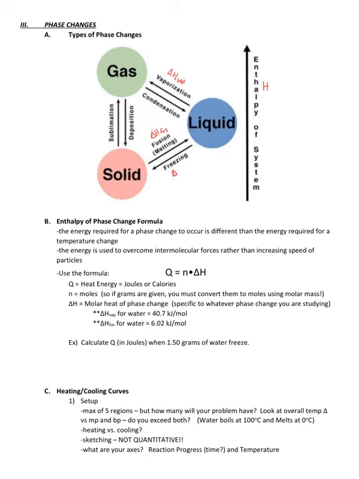So if you know that, for example, the delta H of fusion is 5 kilojoules per mole for a substance, then the delta H of freezing should be negative 5 kilojoules per mole. So we know that the delta H of freezing is the negative of the delta H of fusion. So that would mean that the delta H of condensation is the negative delta H of vaporization.